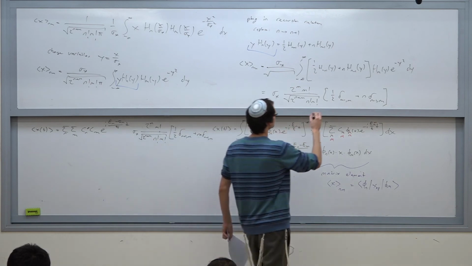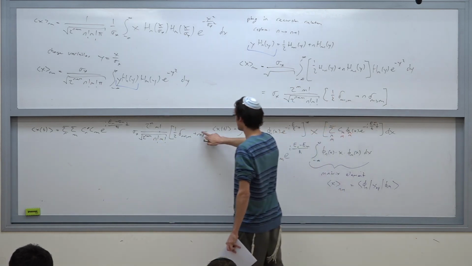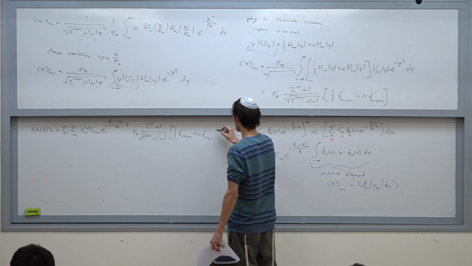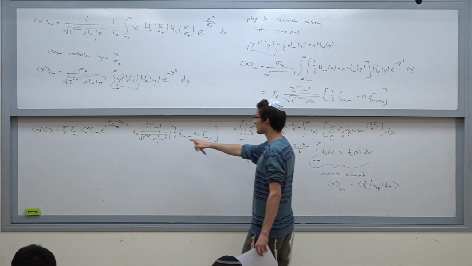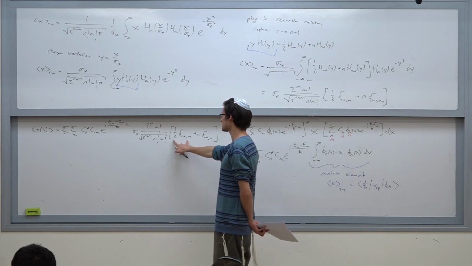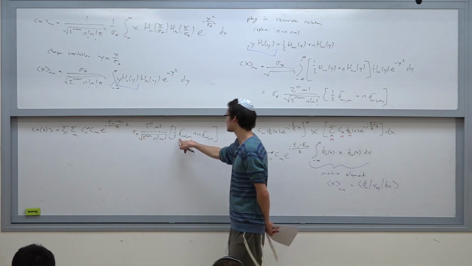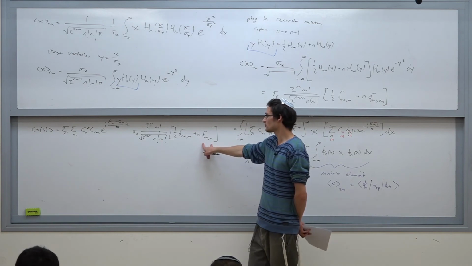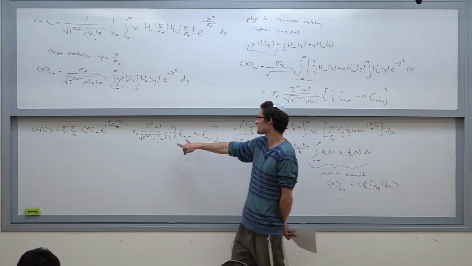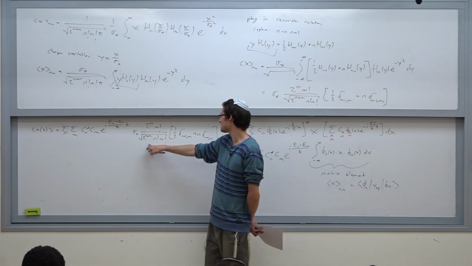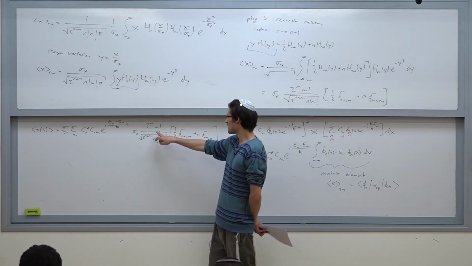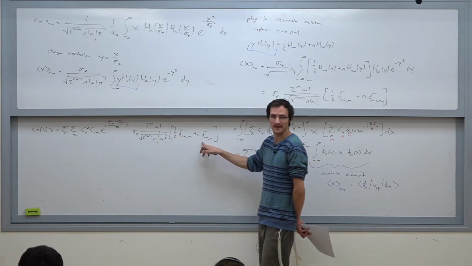Actually, we should probably write, it's even n, doesn't matter. In a moment, all n's will become m's or n minus 1 or n plus 1s. So this is a sum. There are two terms, right? There's the term with this constant times the first delta, and then there's the one with the second delta. So there are two terms, and in one of the terms we have to replace all of the m's by n plus 1, and in the other term we have to replace all of the m's by n minus 1.